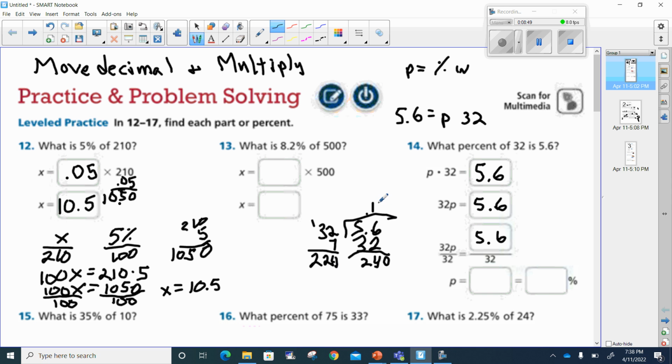So this would be 7 up here with 2, 2, 4. That's going to leave us with, let's see, 16. And we're going to have to see how many times 32 goes into 160. I'm going to go with 5 times.